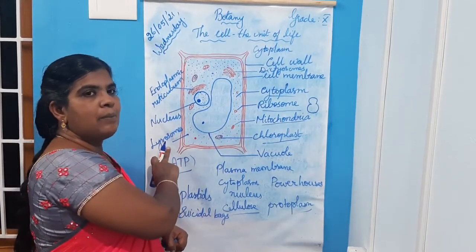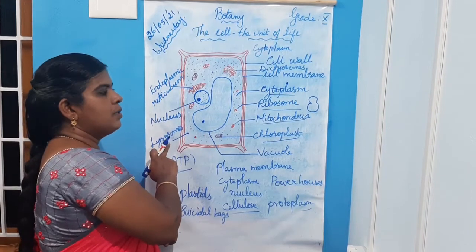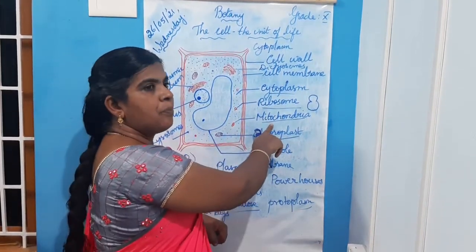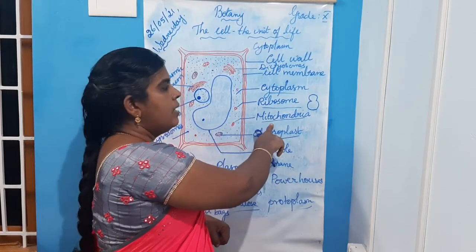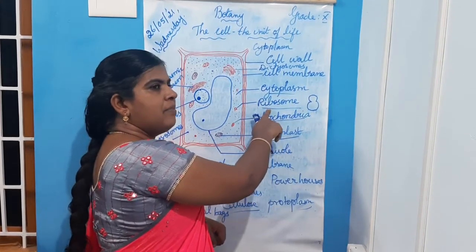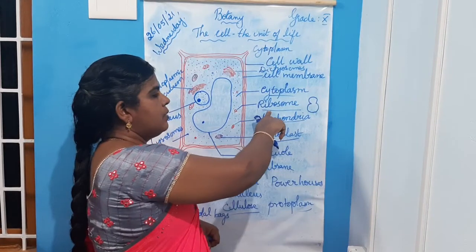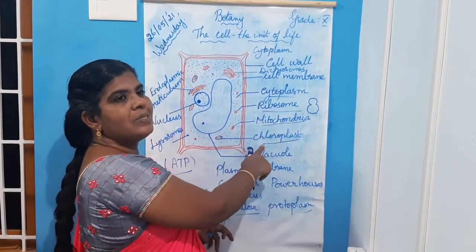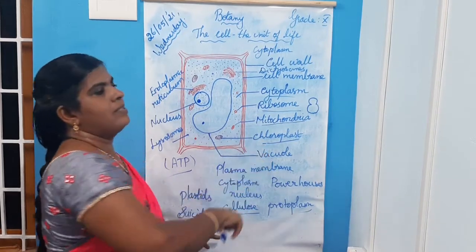Name the suicidal bags of the cell: lysosomes. Name the powerhouses of the cell: mitochondria. Name the protein factories of the cell: ribosomes. Name the organelle responsible for photosynthesis: chloroplast.